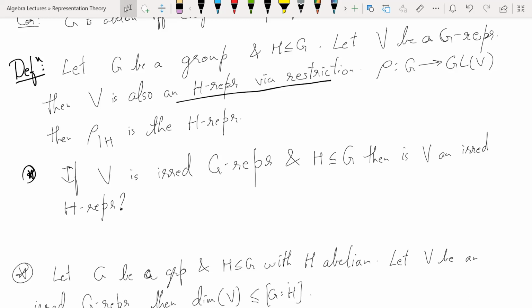That is called the induced representation. I'm not sure whether we'll talk about it today, but next class we will certainly get there. So let's see why this is true.